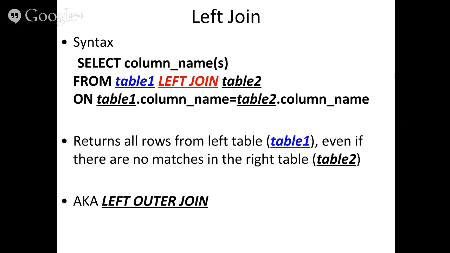So that's where left and right come in. Yes, I want the ones that match, and if they match, I want the data from the matching table. But I also want the ones that don't match, because maybe I want to know all the students. If I know what department, I want to know what department they are in.